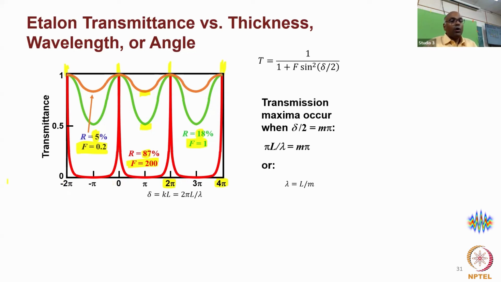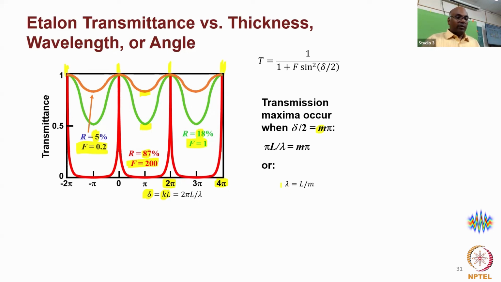Or delta divided by 2 is equal to m pi, where m is an integer. This coefficient tells us where the maxima are placed on the scale of delta, which is a phase. It is k, the magnitude of the propagation vector, that is 2 pi by lambda, times L, the round trip path length which we are considering here.